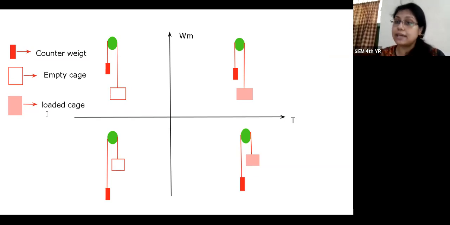Suppose the drum is connected over the shaft of a motor, and a rope is connected in that particular drum.